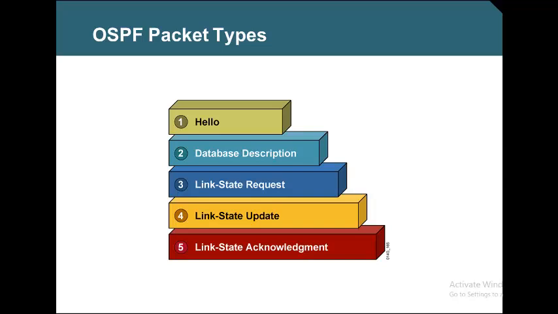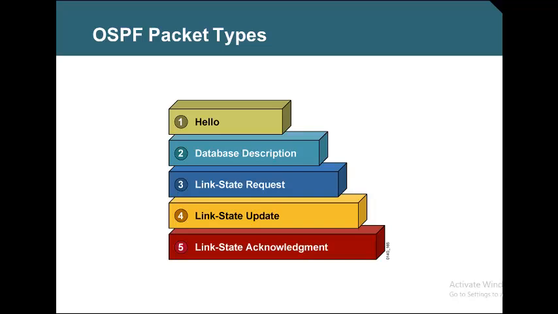Not only that, when you capture using Wireshark, there also you will see. So if you know this number, it will be easy for you to filter the packet that you want to see.